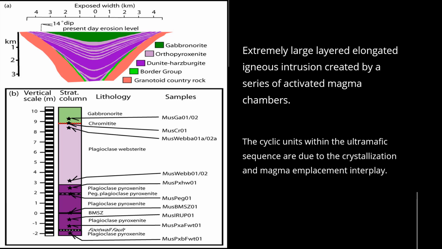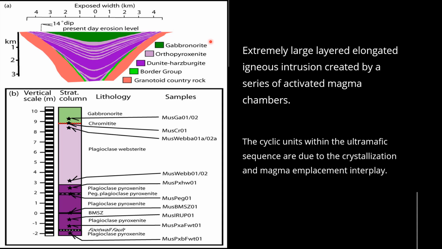The characteristic cyclic units within the ultramafic sequence, as we can see here, lots of characteristic layering, are due to the interplay of crystallization and magma emplacement.